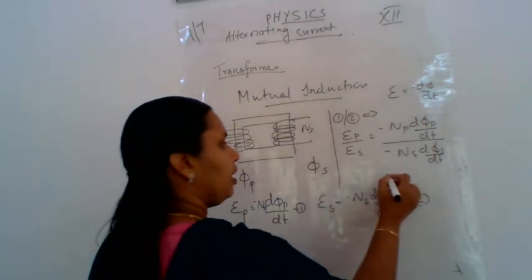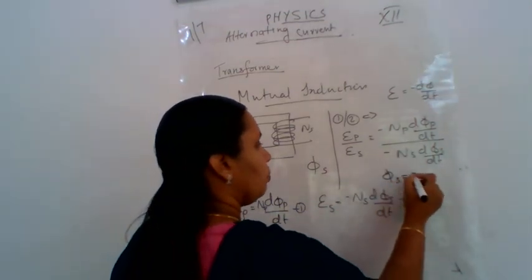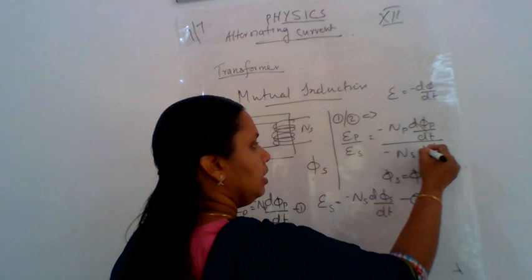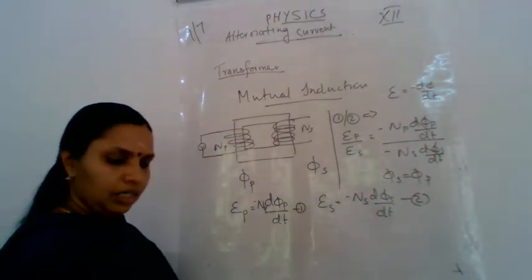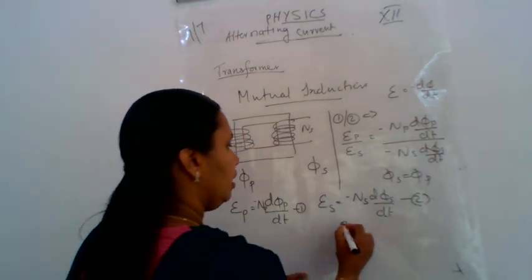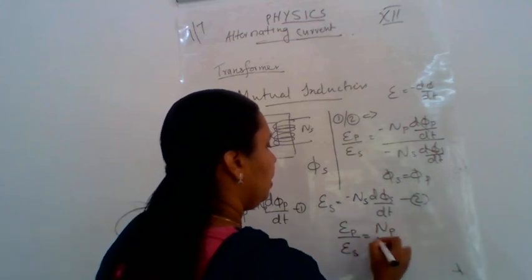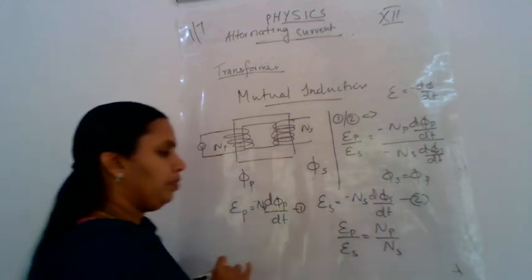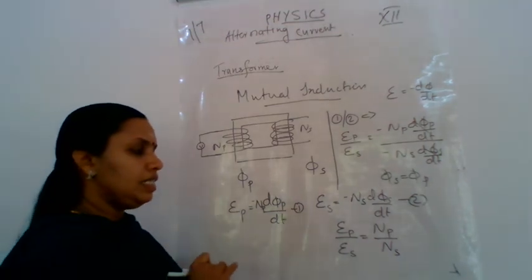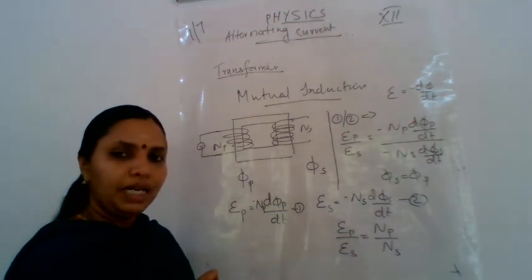Since phi s is equal to phi p, these two terms get cancelled. So the relation is EP divided by ES is equal to NP divided by NS.